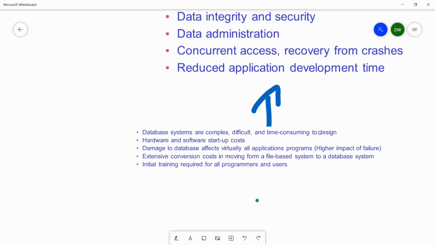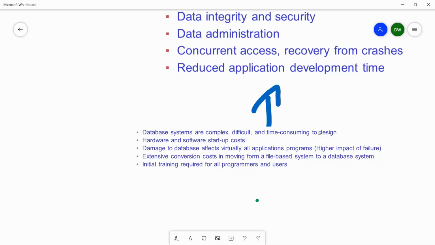And when all the data you have in your company is file-based, it will give you additional cost to convert data from the file-based system to a computer-based system, because when you have a large amount of data in files, only one person may not be able to complete entering all the data into a computer.